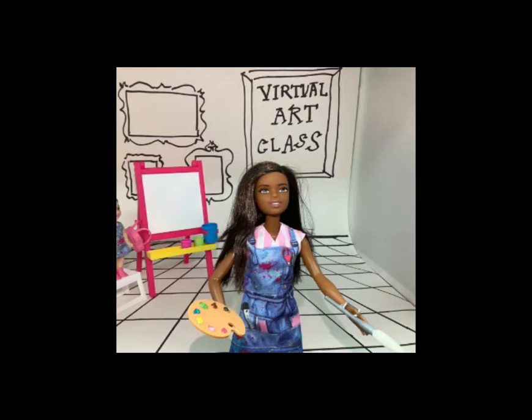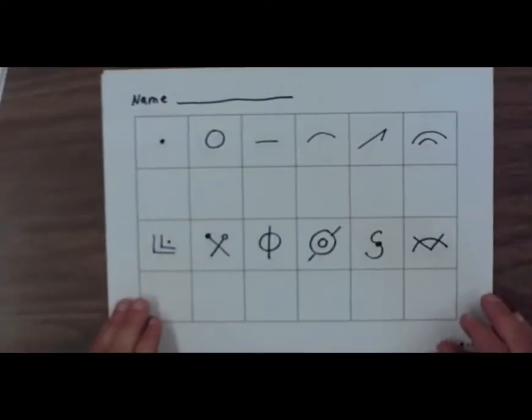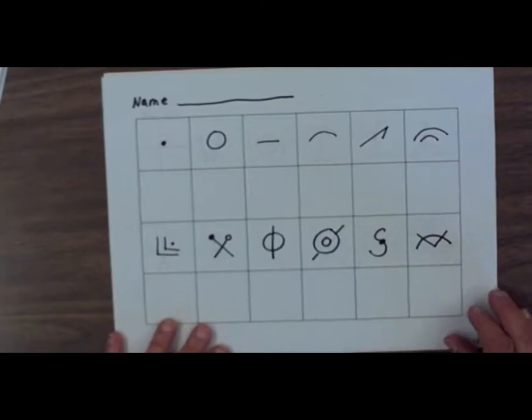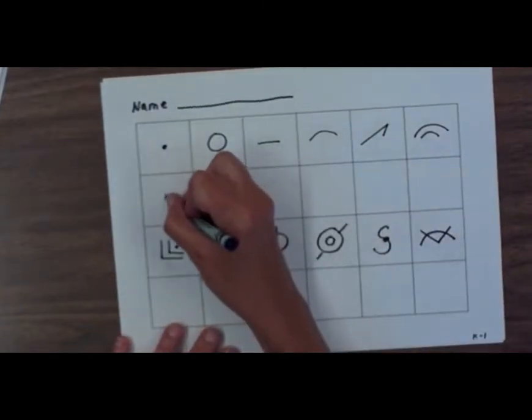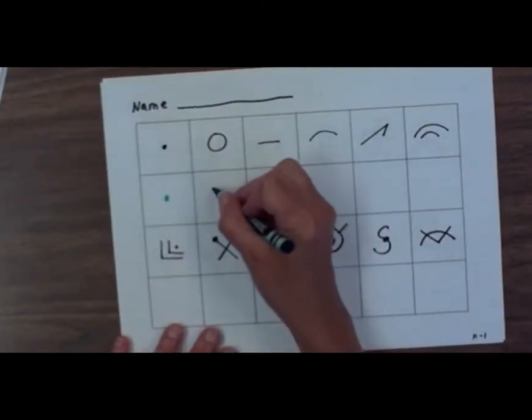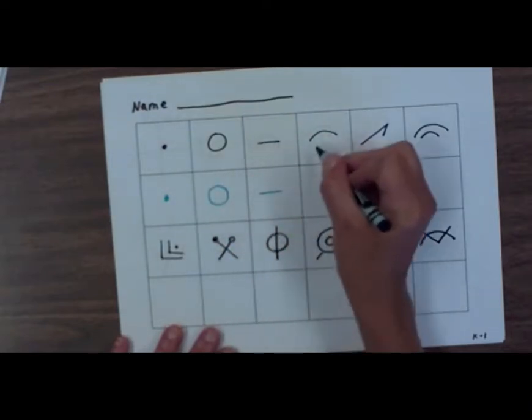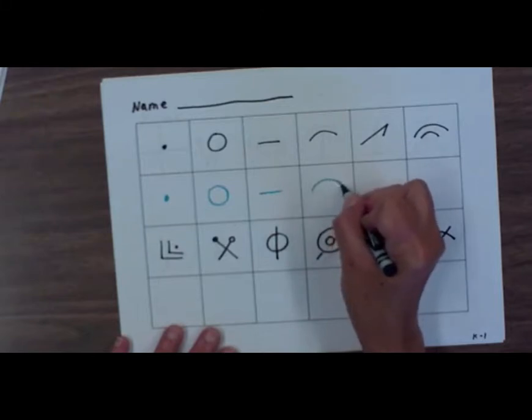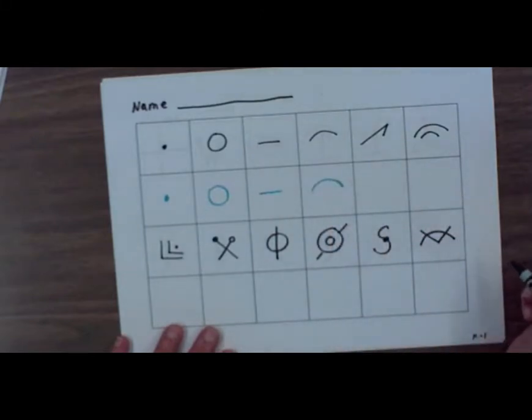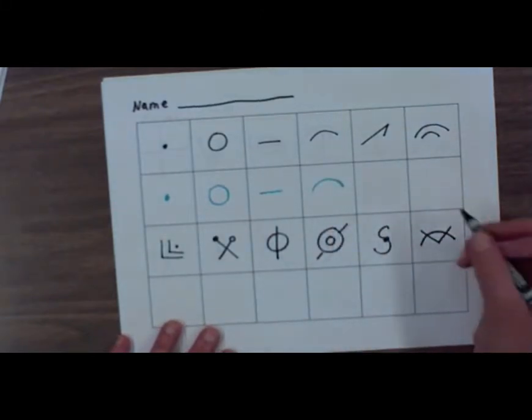We're going to do a short activity to see if you can recognize different kinds of lines. In this activity, you will try to match each example of dots, circles, and lines. Look at the one on top and try to draw the one below it. I have also included a more difficult sheet if the first one is too easy for you.